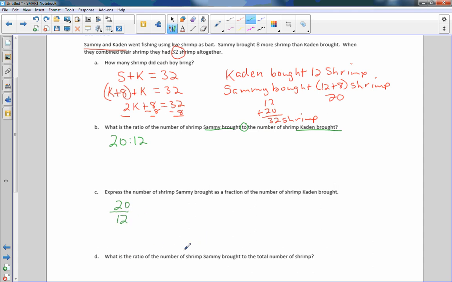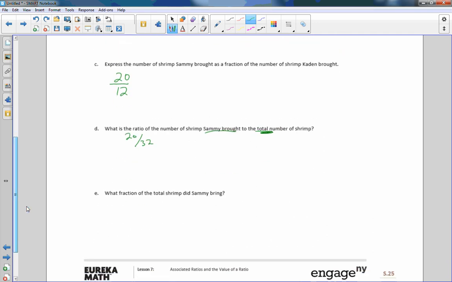Then it says, what is the ratio of the number of shrimp Sammy bought to the total? So Sammy bought 20, and the total was 32. E. What fraction of the total shrimp did Sammy bring? Okay.